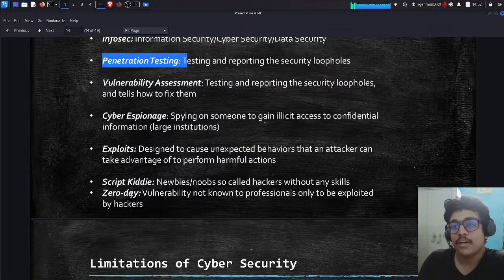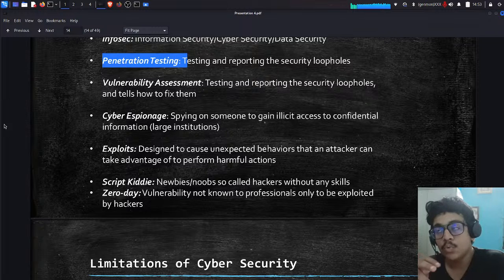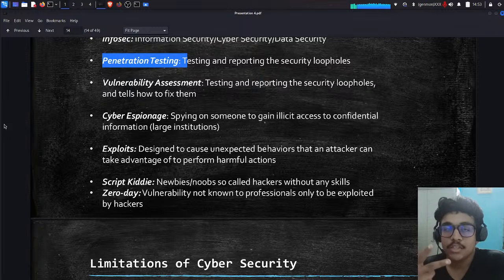So what is an exploit? It is designed to cause unexpected behavior that an attacker can take advantage of to perform harmful actions. An exploit can be referred to as some kind of programming script that is run in the system in order to cause something harmful to your system. There exist two kinds of script: one that is used to perform a particular task, and one that is used to exploit that task.